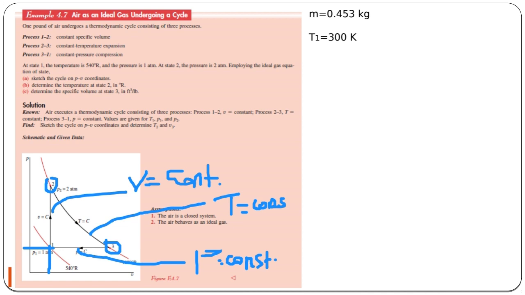Then, at the end of the processes, we need to find the temperatures as well as the specific volume in state 3.